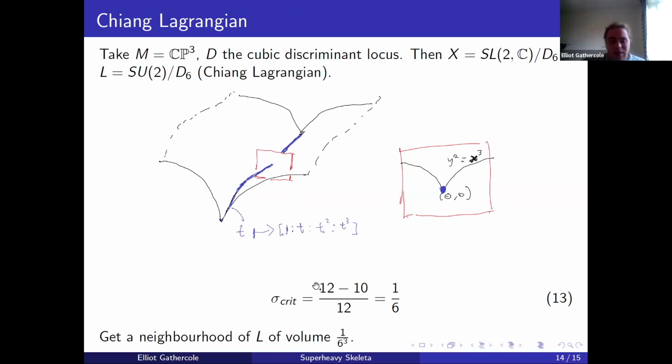So the output we get, because this curve is itself anticanonical, is that the smooth part doesn't contribute to this number, and instead this singular stratum is the only thing that gives a non-zero contribution. And so we get not that the Chiang Lagrangian is super heavy, but that a neighborhood of it, of volume 1/6 cubed of the total volume of M, is super heavy.